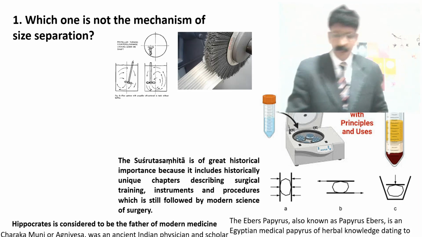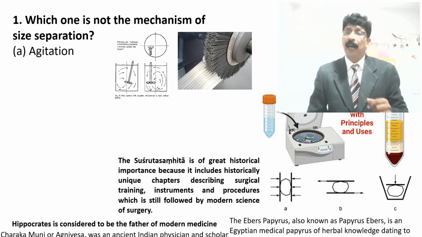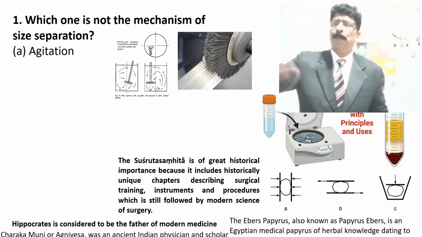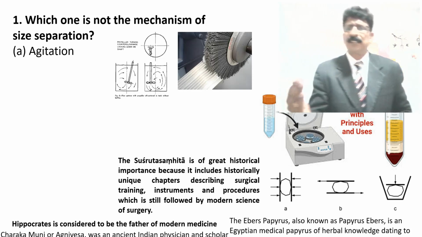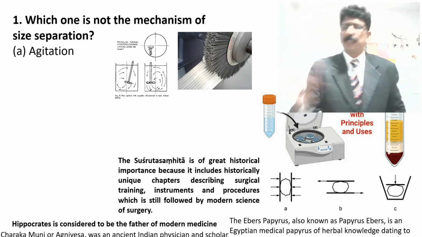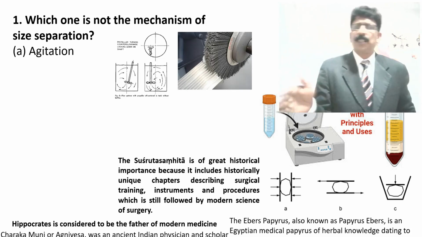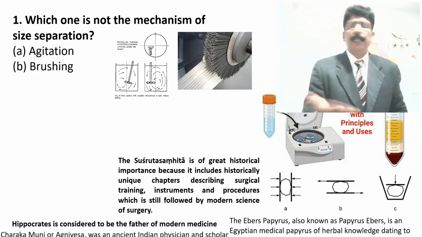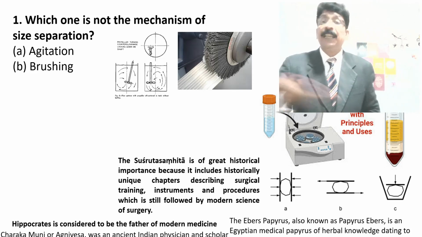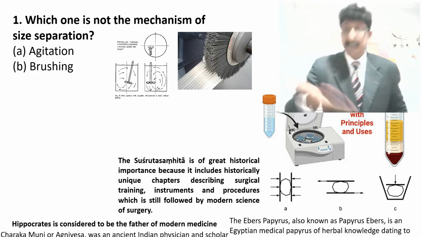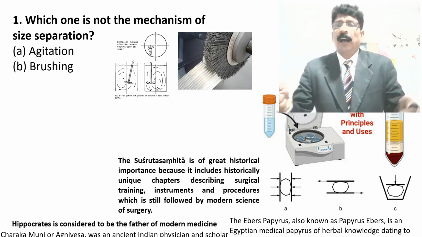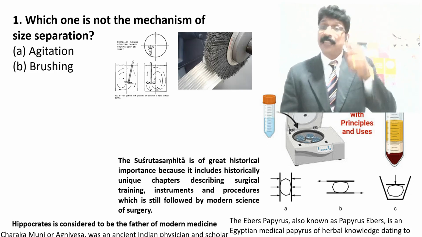We will take the first one, agitation. By paddle, baffles, they are all used to separate the mixture of compounds, even by agitating in a sieve, keeping the material in a sieve, and you can agitate and separate the material.